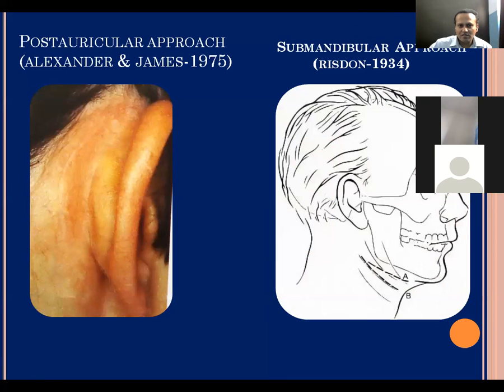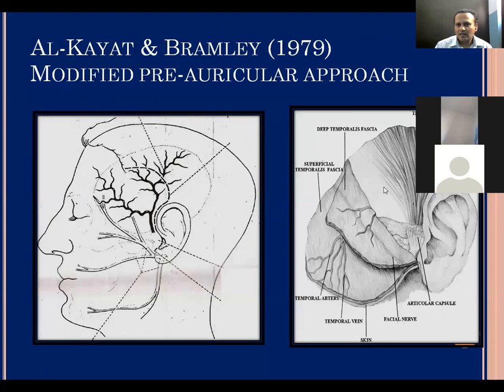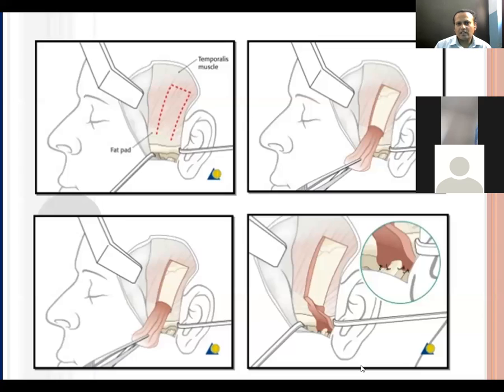From this region, we take a finger-shaped flap of temporalis muscle and the fascia, and we roll it into the resected region. I have a picture for it. I'll show you. Yeah, this is it.